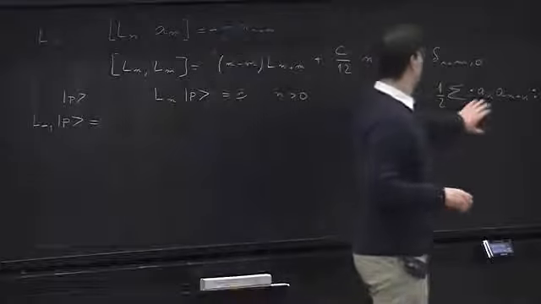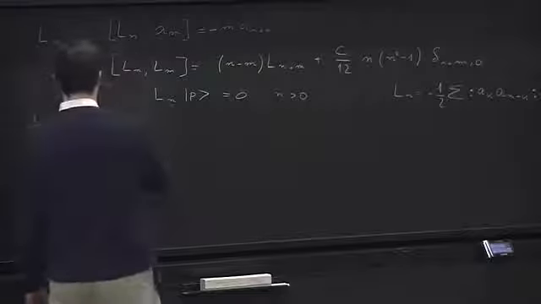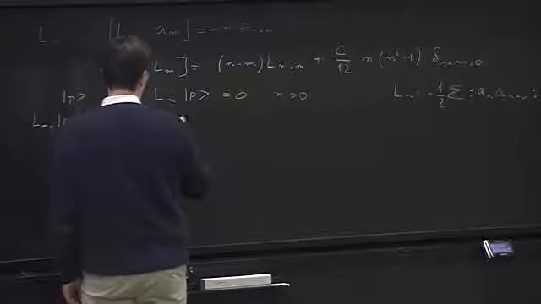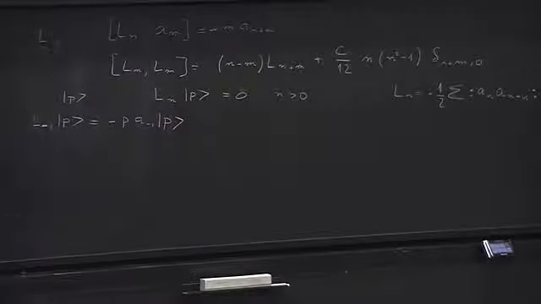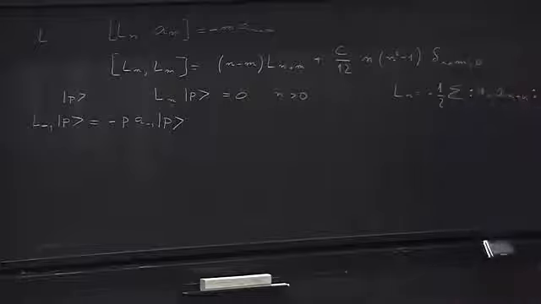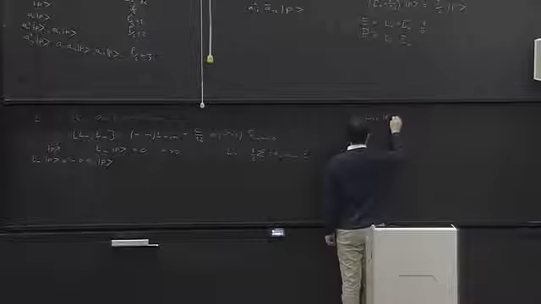The only interesting term is going to be a_0 a_{-1}, so I get minus p a_{-1}|p>. Now let's check if this makes sense. For example, I could act with L_1 on that. I can do it in two ways. I can use the Virasoro algebra.